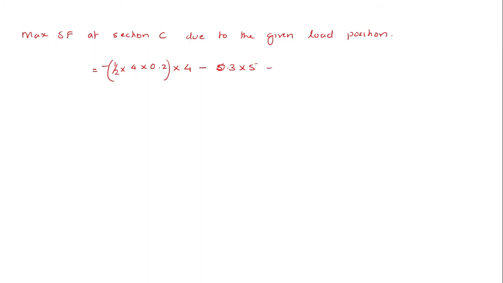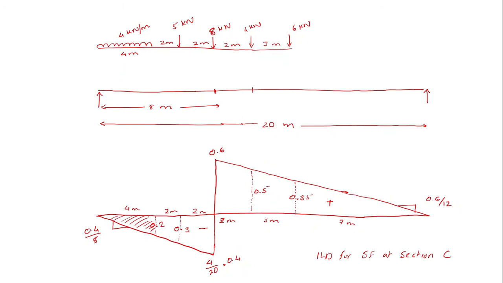Then in the next corresponding value, you see 8 multiplied by, I can either use 0.6 or 0.4, but since I want to find the maximum value of shear force, we see the corresponding area in which the maximum shear force can be obtained, either on the positive side or the negative side. Since the area here is larger, I take it as positive.